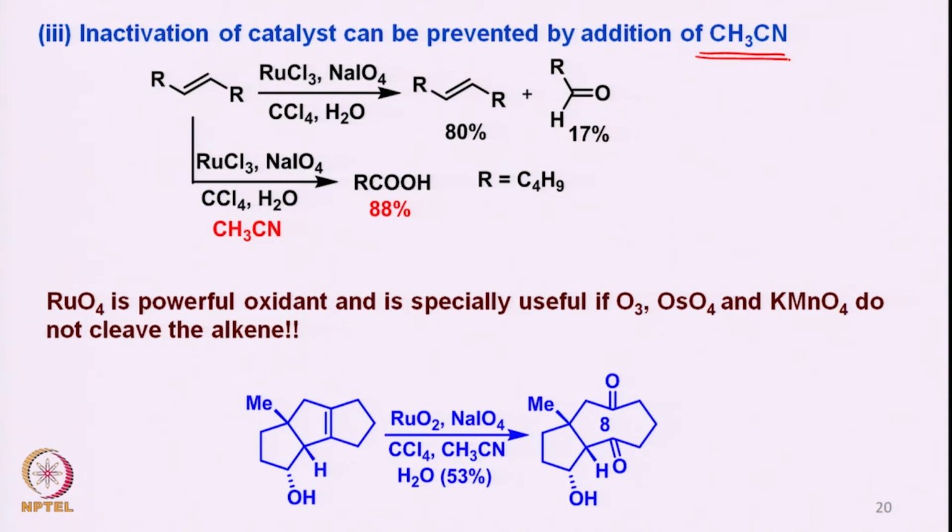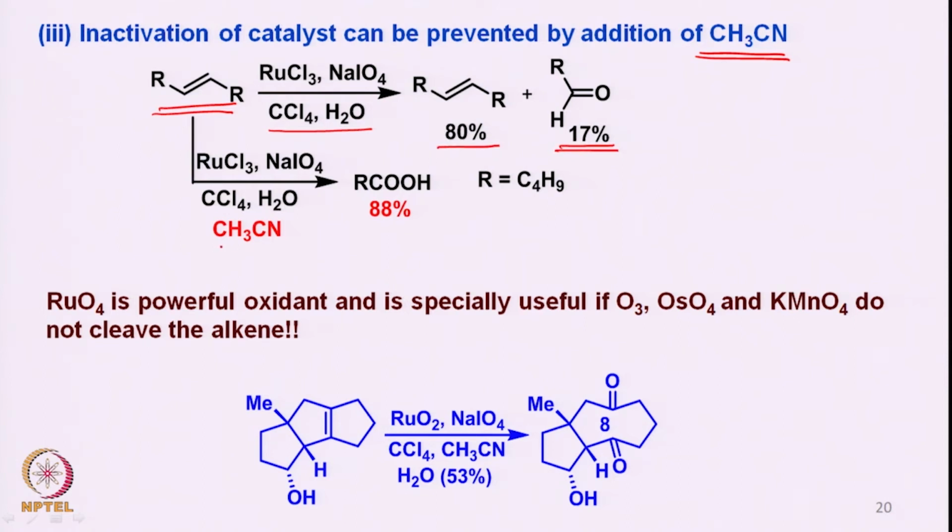For example, we can see here the CC bond cleavage of this double bond with ruthenium trichloride, sodium metaperiodate in the presence of CCl4 and water gives 17% of the corresponding aldehyde, and 80% of the starting material is recovered.